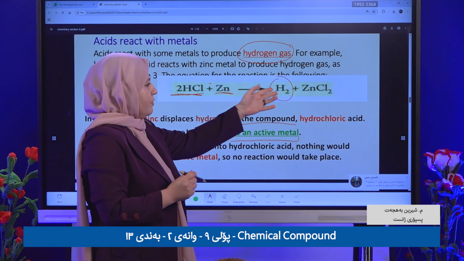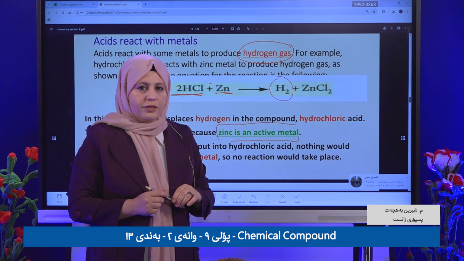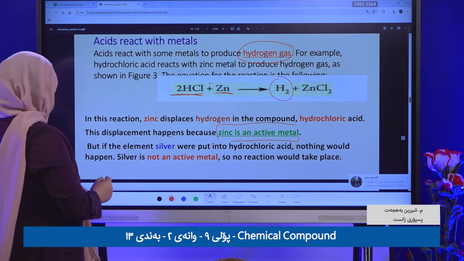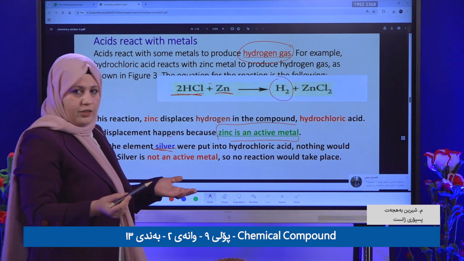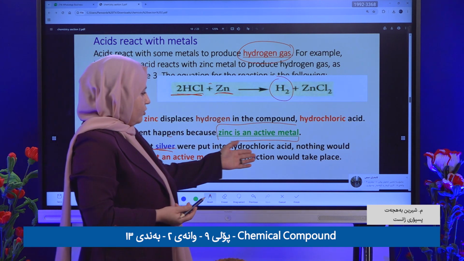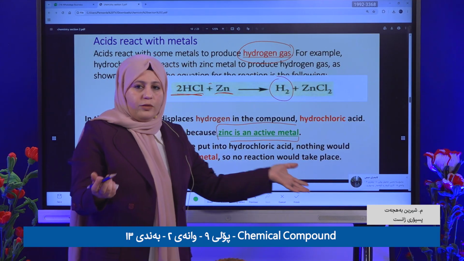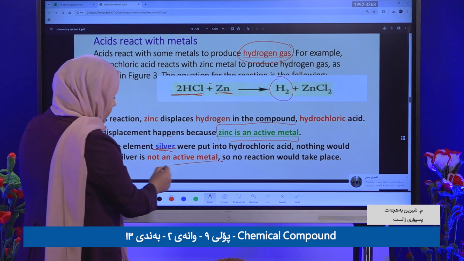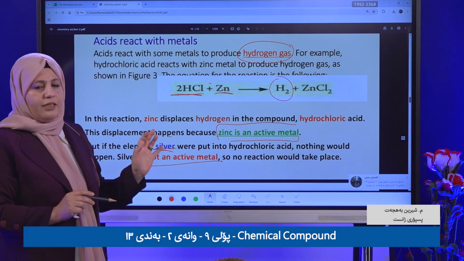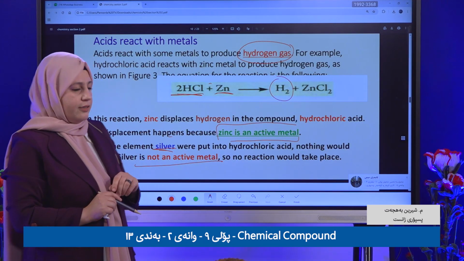And produce hydrogen. Clear? But another element, for example, silver. Silver is a metal, you know, okay? Put it in hydrochloric acid, nothing will happen. Why is nothing happening? Because silver is a non-active metal, that's why. Get it? Okay.